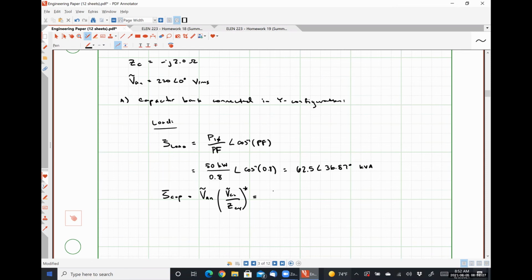So that's going to look like the magnitude of VAN squared divided by the conjugate of the capacitor impedance. Our voltage has a magnitude of 220 volts RMS squared. The conjugate of our capacitor impedance is positive j2.